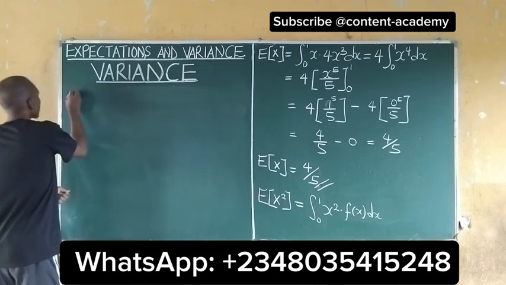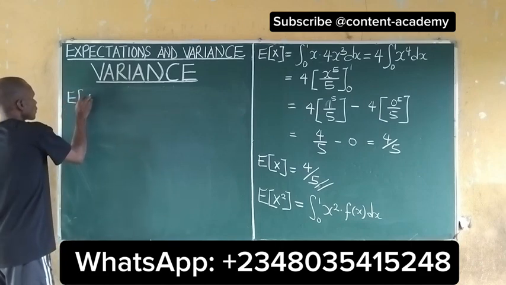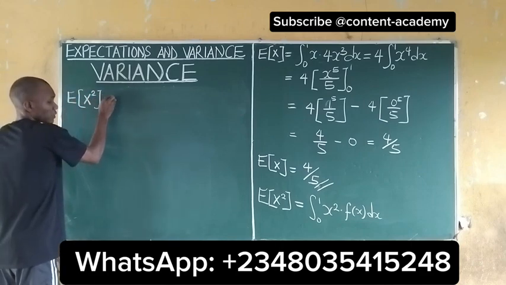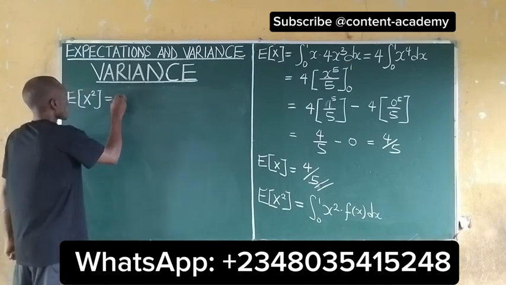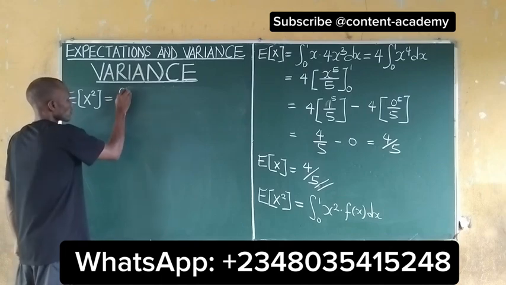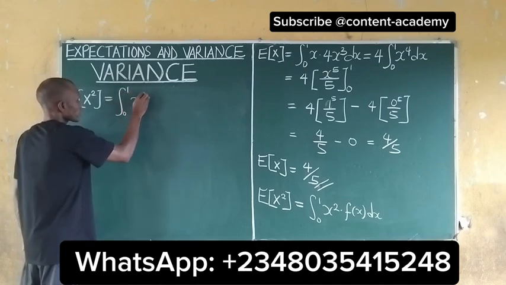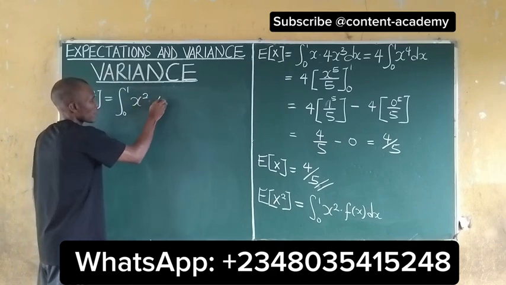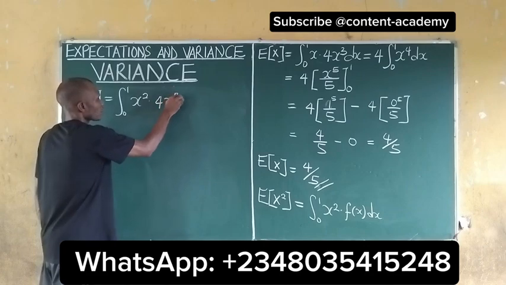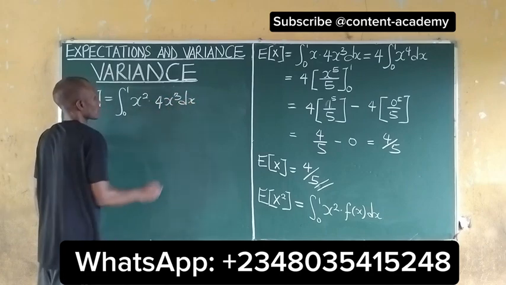So we write this, our expectation of x squared is equal to the integral from 0 to 1, x squared. We put our PDF, which is 4x raised to the power of 3 dx.